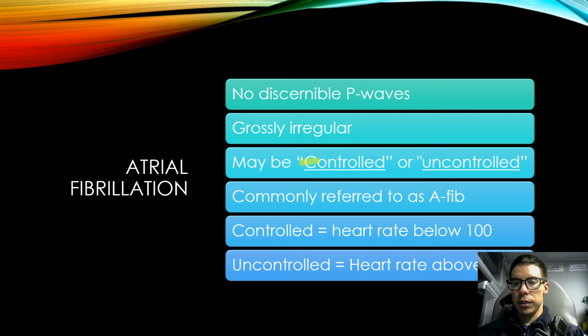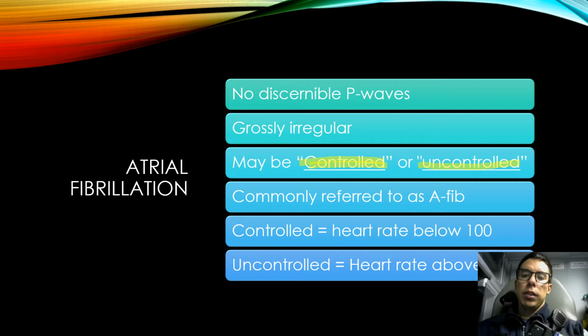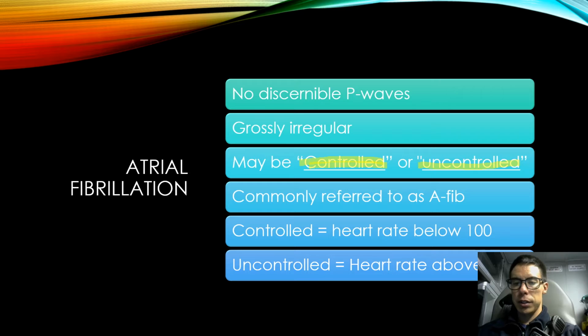So it can be either controlled, terrible highlighting, or uncontrolled. It's commonly referred to as just afib instead of saying the whole thing, atrial fibrillation. Just afib works. And then the last two, it kind of jumps back to the controlled or uncontrolled. So controlled is a heart rate below 100, whereas uncontrolled is a heart rate above 100.